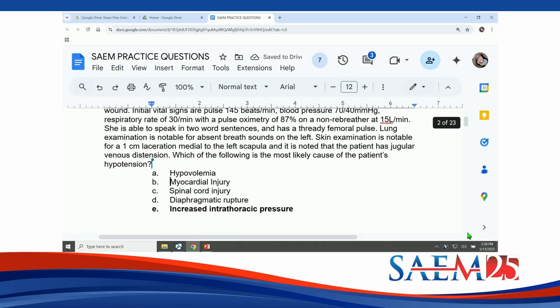How about decreased, what's it called? If you're thinking tamponade, you have decreased diastolic filling or something. You know what I mean? Something like that. Is that something like what you're thinking of?